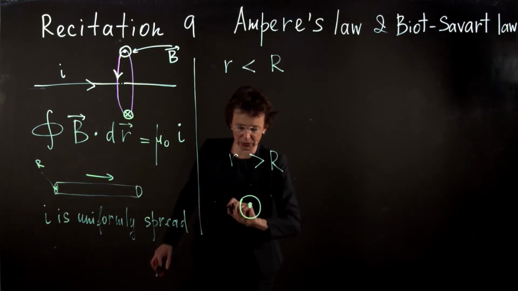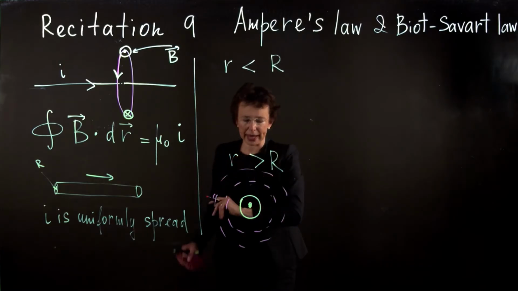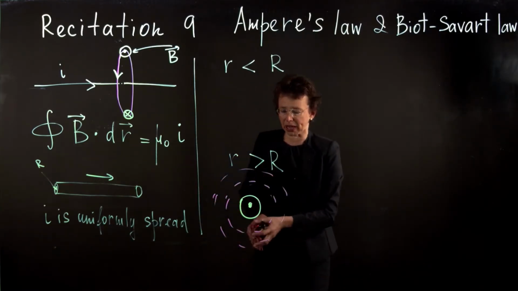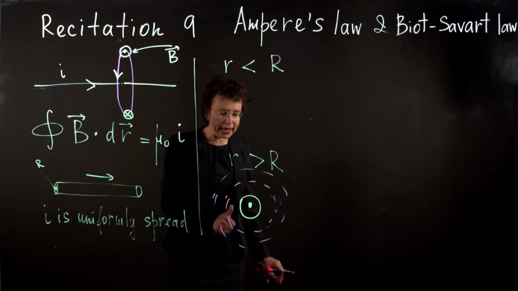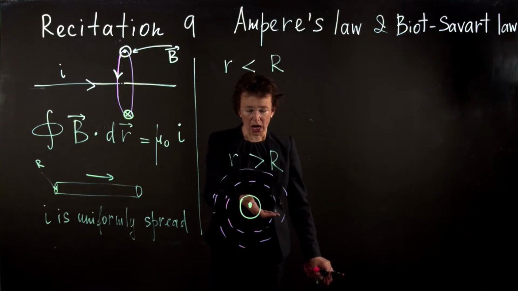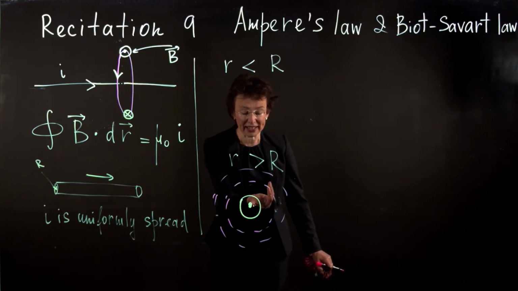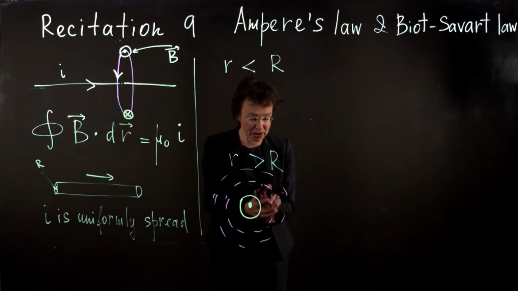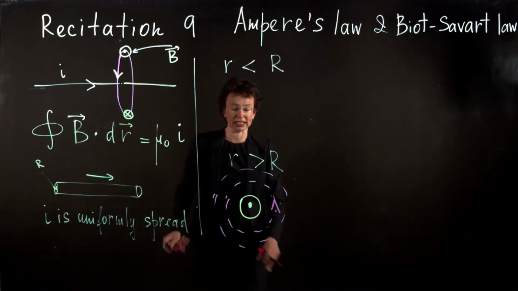Lines of the magnetic field will be circles, and if current is coming out, what will be the direction? To find the direction, again, I put my thumb along the current with my right hand, and you have to do it with your right hand. And then I bend my fingers, I grab the wire, and here my fingers go up. So this is the direction of the lines of the magnetic field.